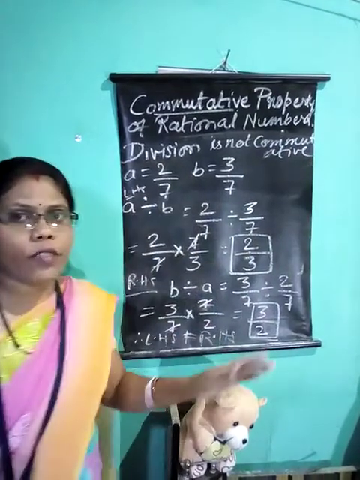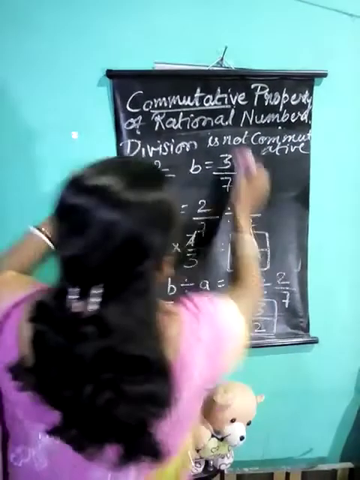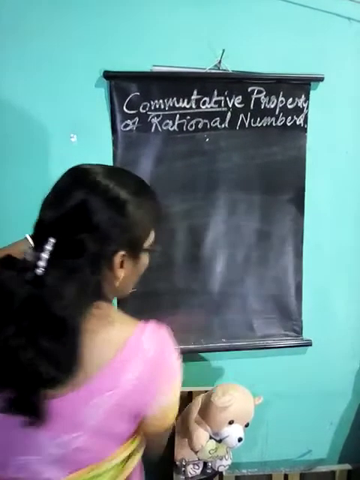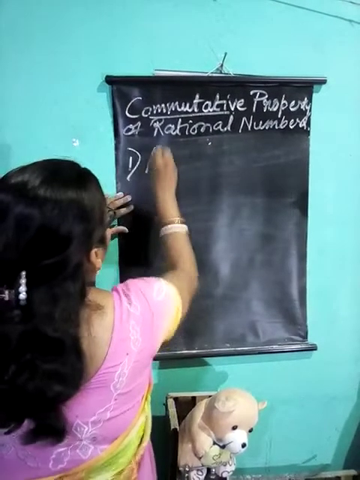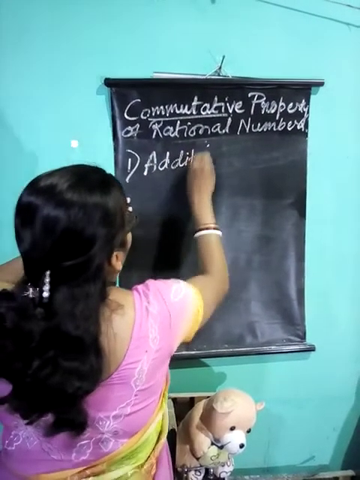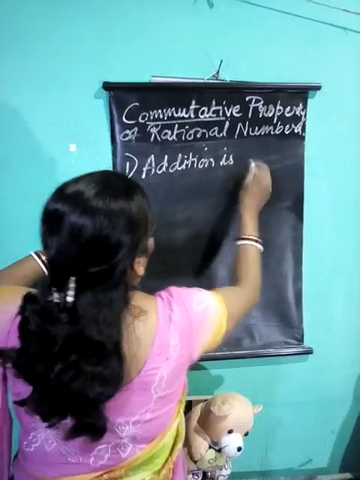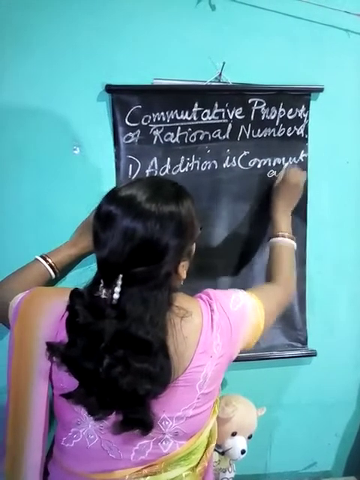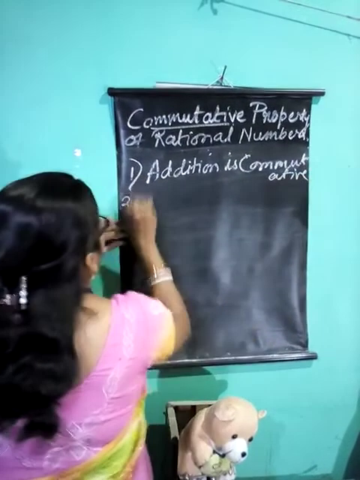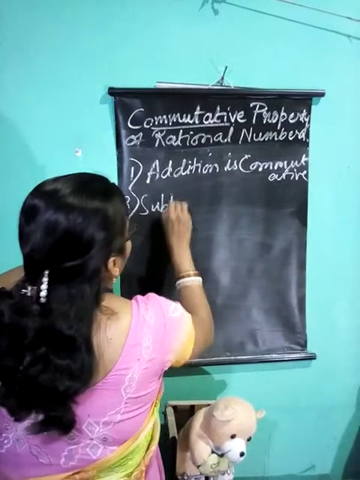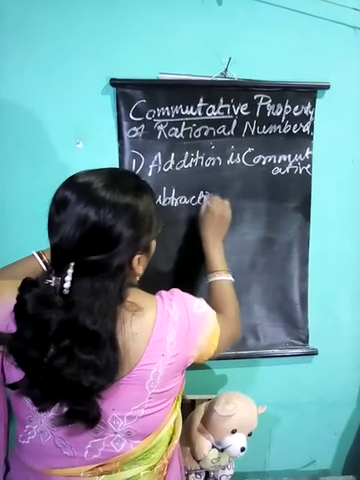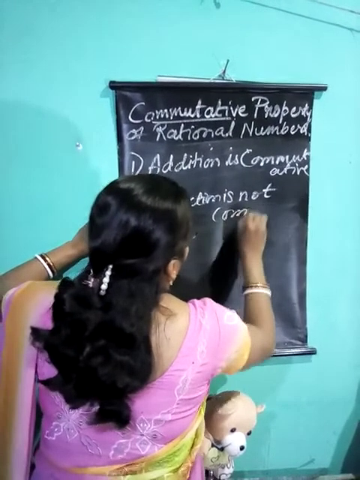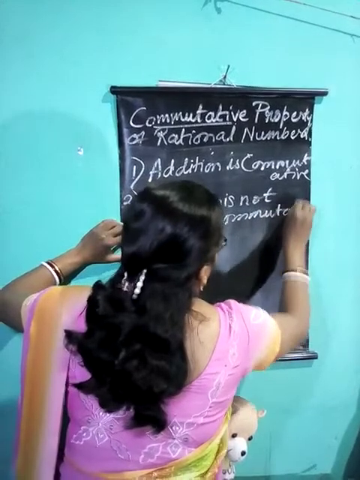So, ultimately we have to come to the result that, first, addition is commutative. Subtraction is not commutative.